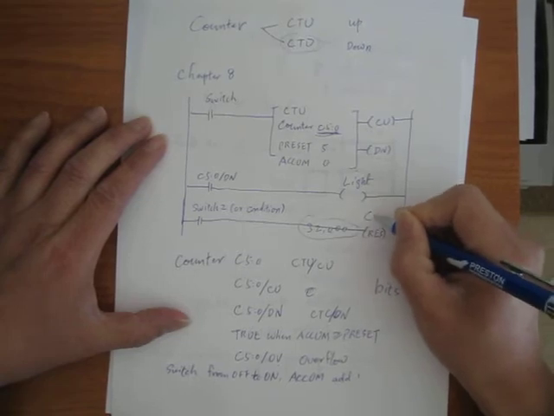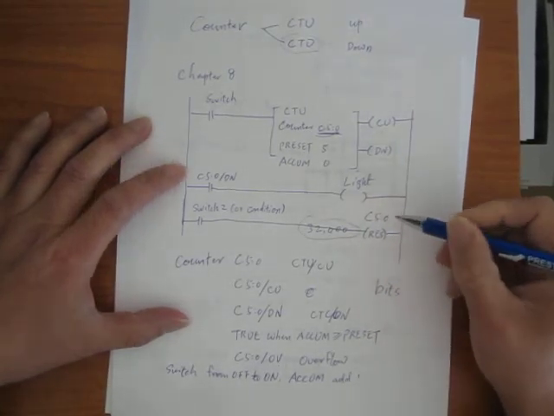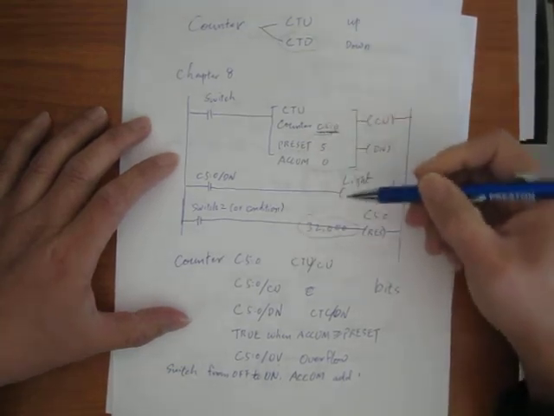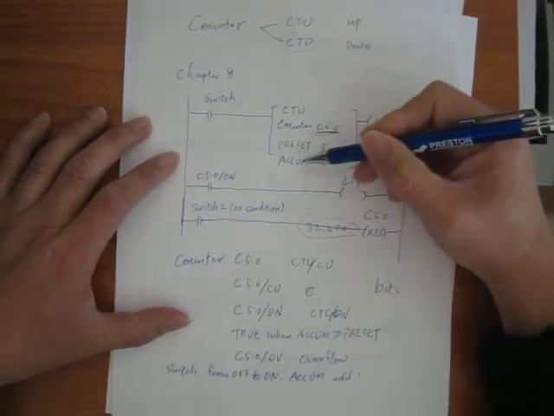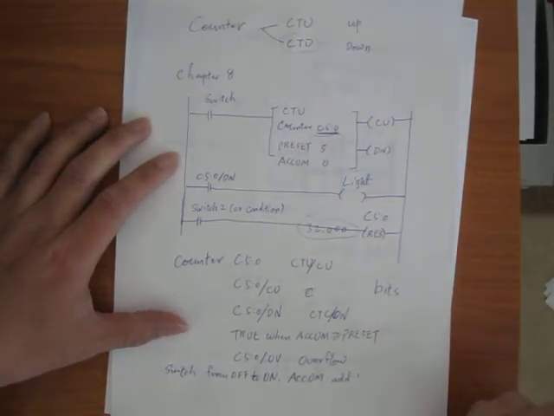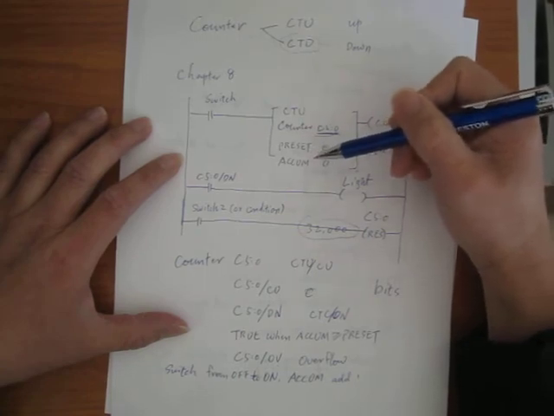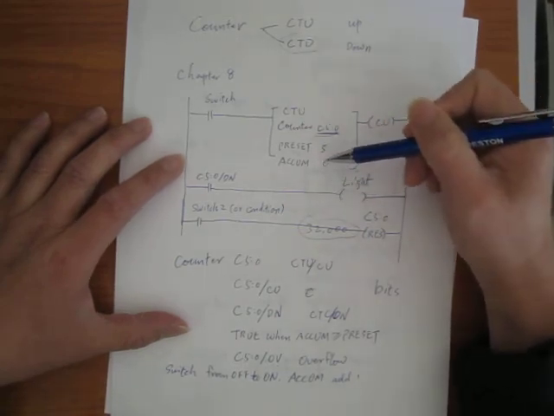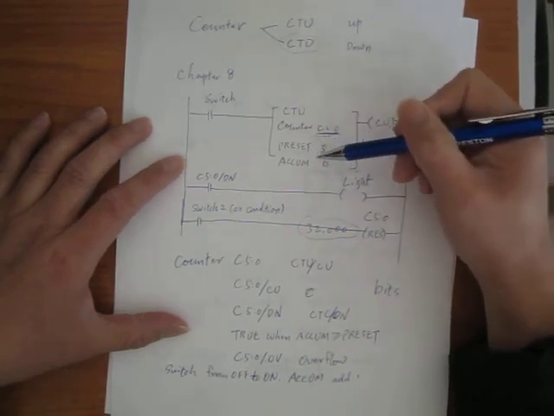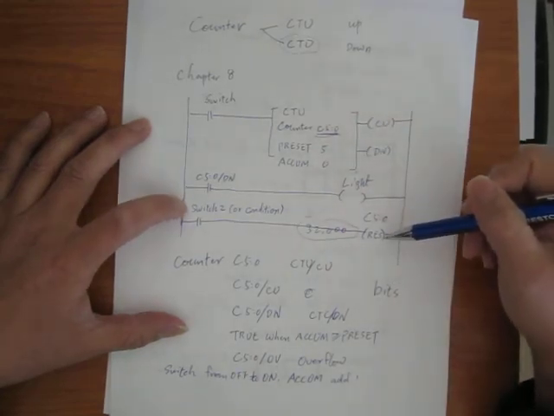There's a C5:0 here. This reset doesn't reset anything else, but this accum, it resets accum to 0. So even if the power turns off, the accum value will stay there unless you reset it.